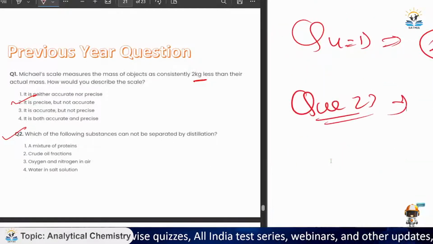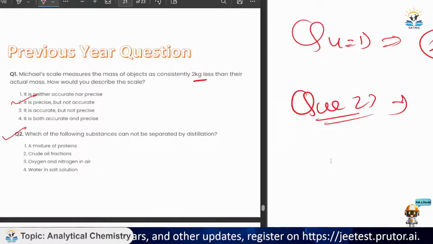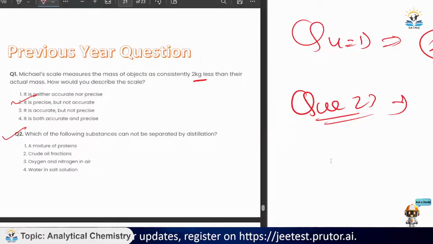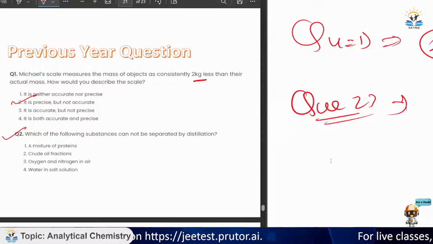As this is a chemistry part, you just need to understand that if you know the concept and if you know the answer, then you don't need to do any calculation in your mind. You just need to recall what you have studied. If you know it, you generally mark it within a second. So chemistry is also a marks-giving subject.